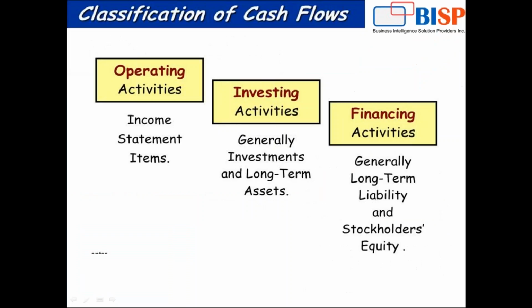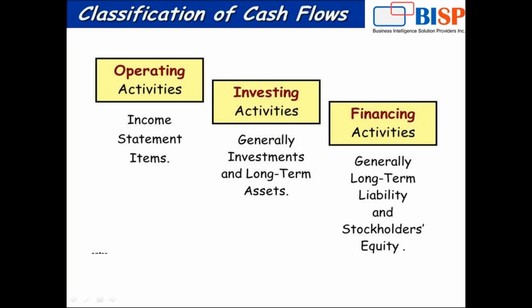Cash flow, as the name indicates, is the movement of cash, outflow or inflow, during your business activities, which in turn consists of three types. Operating activities often come from income statement items: your usual business operation, where you receive cash or pay cash.